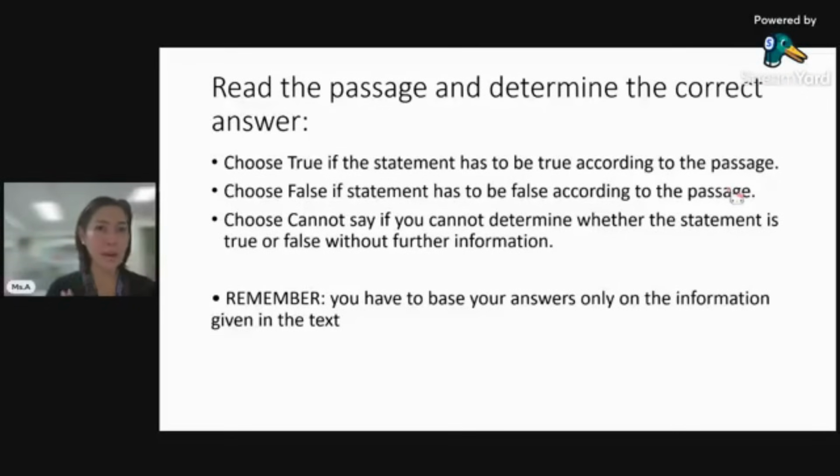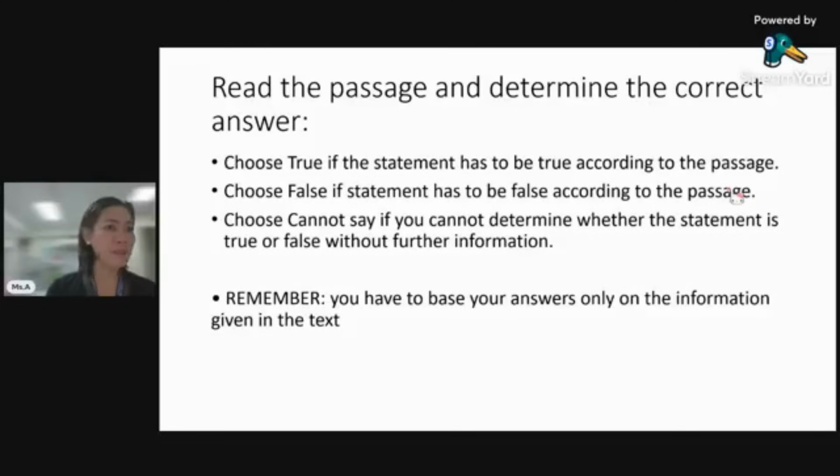Sometimes, yun ang mahirap. Pag alam mo yung topic, sinasagot mo yung binigay na scenario base sa pagkakaalam mo. But it should not be that way. Doon ka lang magbase sa information na ibinigay dun sa passage given in the text. Okay? So choose false if the statement has to be false according to the passage.